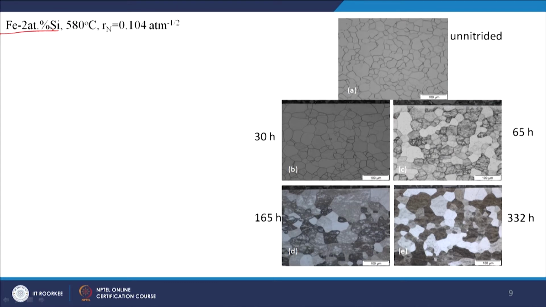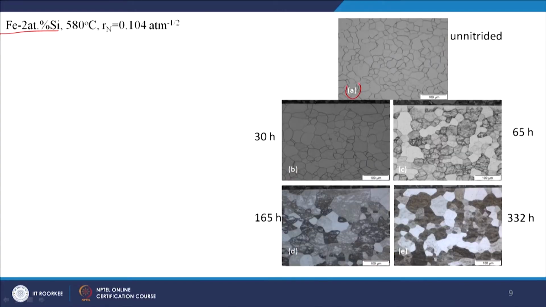If you add silicon into the steel and then start to nitride, what happens? I am showing this because, if you remember from the previous lectures, chromium and vanadium show comparable character with respect to the way iron nitrides try to grow, and silicon and aluminum have shown a very different pattern.